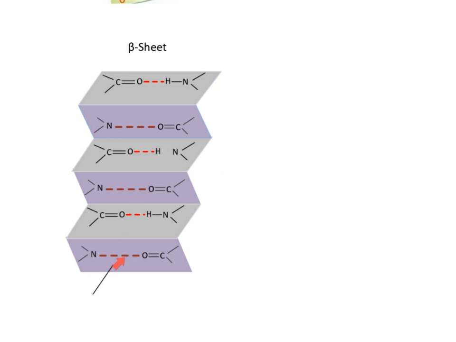It's kind of the structure of the asbestos sheets as well. The example for beta pleated sheet protein is spider's silk fiber. You know, spider's silk, that's very strong.